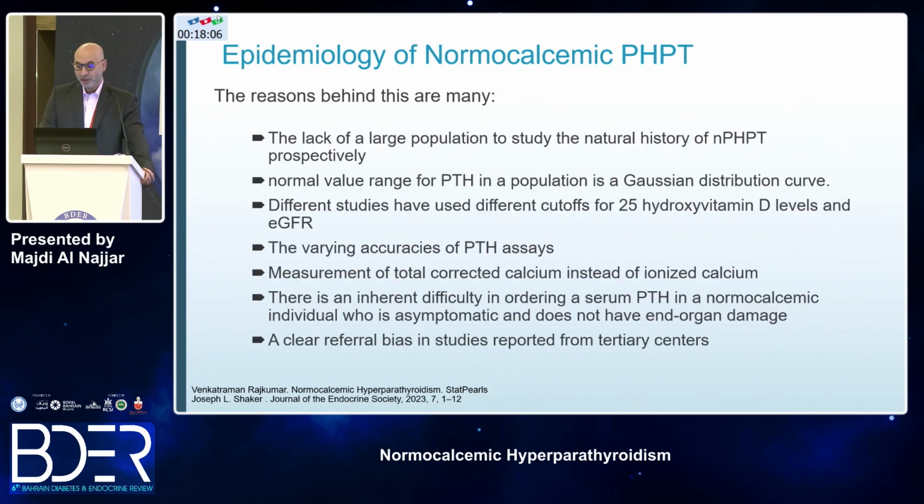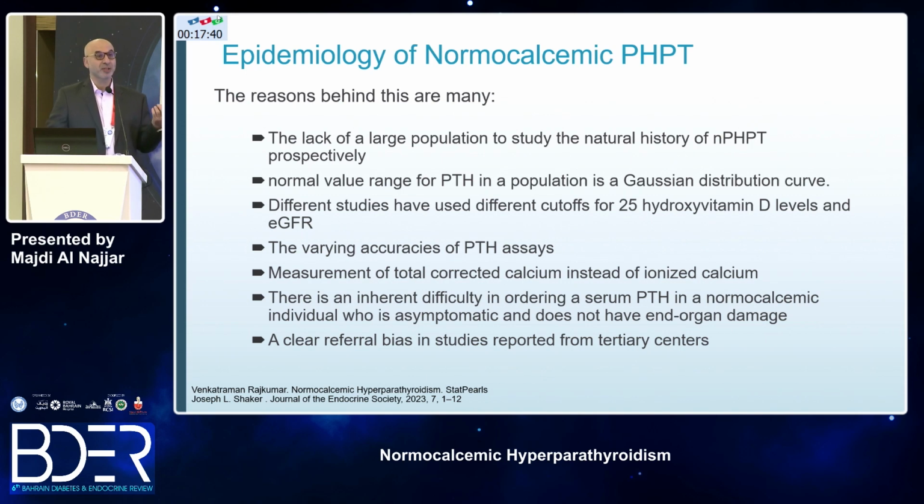The reason for this big variation in prevalence is multiple. We lack really large studies. Also, the range of PTH follows the Gaussian distribution curve, and the last 2.5% of this curve is usually high, so 2.5% of the population tend to have high PTH.